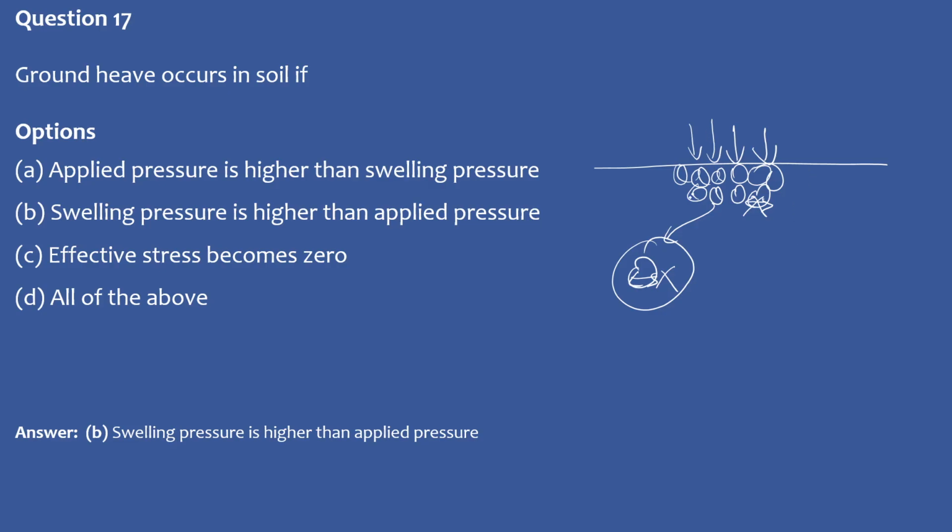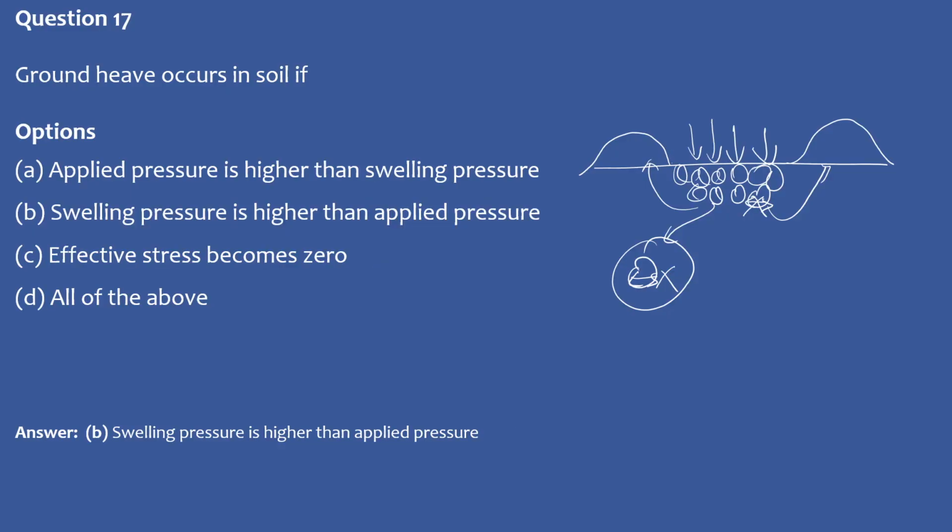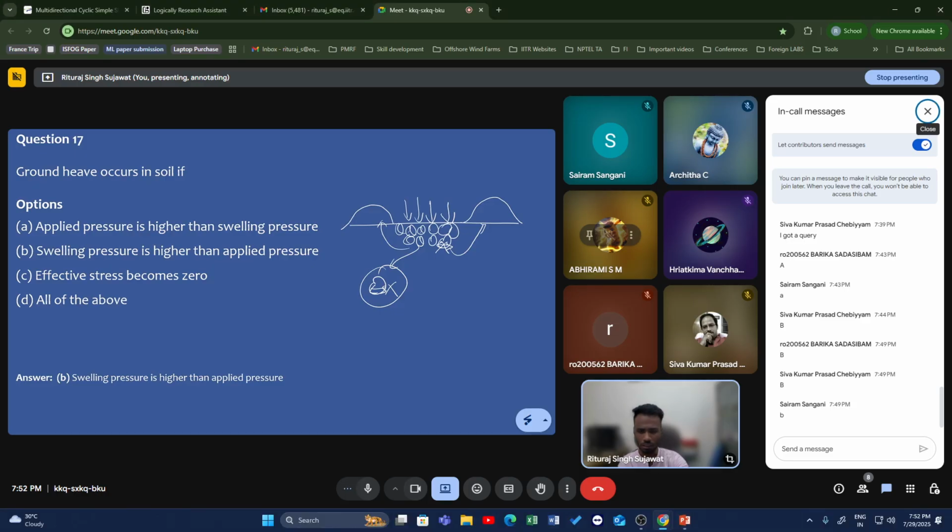Instead, when you apply this force, these particles adjust themselves, and it leads to the heaving of the ground. So this is the ground heaving. Swelling pressure is higher than the applied pressure. So this is the question number 17 answer.